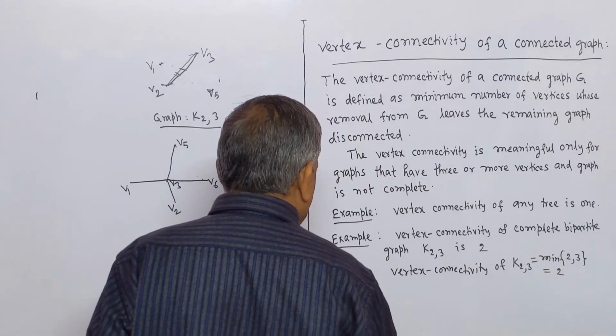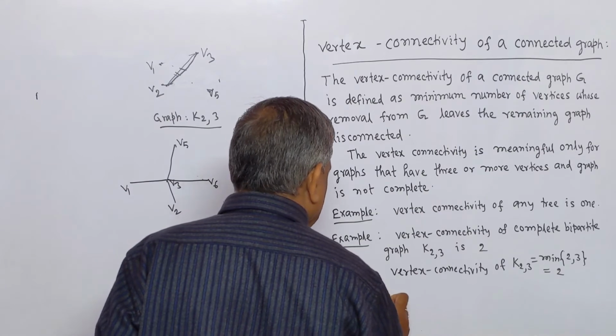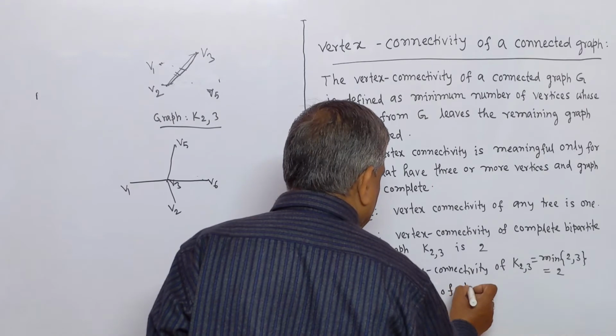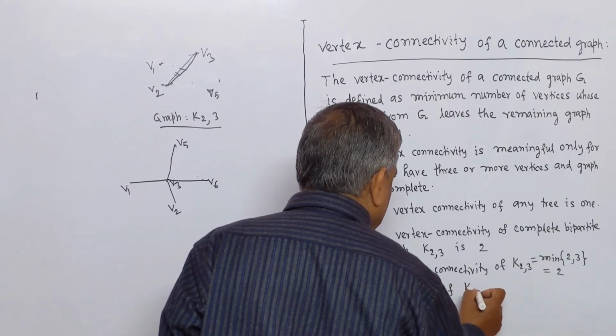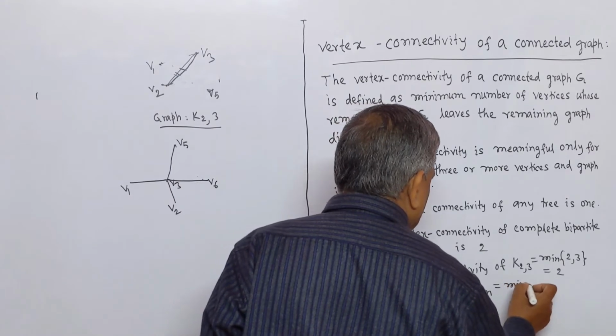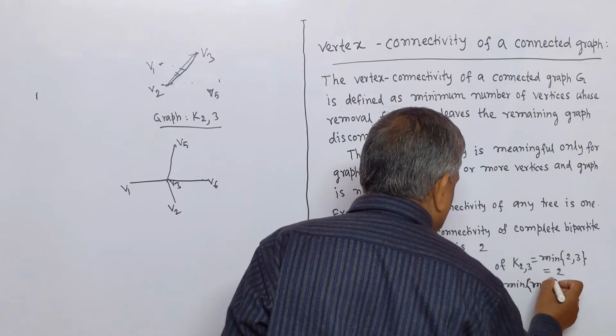Similarly, vertex connectivity of complete bipartite graph Kmn equal to minimum of M and N.